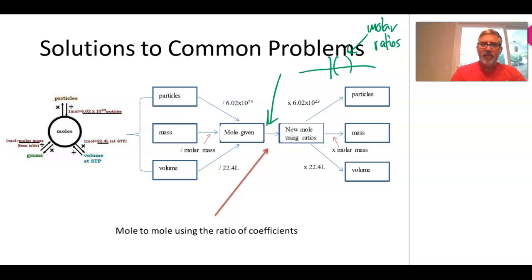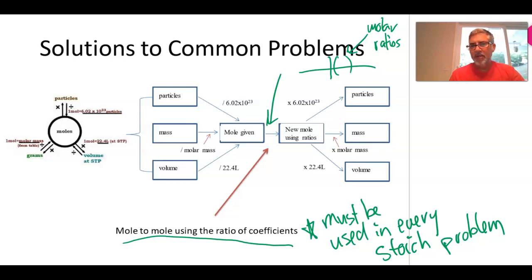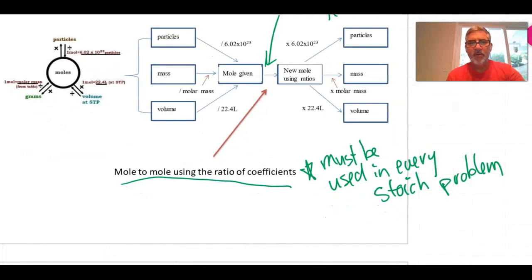So this mole to mole using coefficient must be used in every stoichiometry problem. So you must have this step. If you don't have that step, you probably didn't do it right. So I'll show you how to do it.